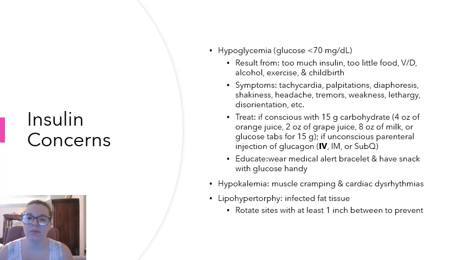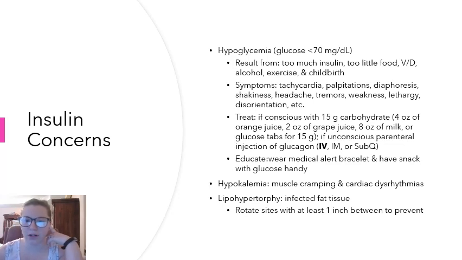Alcohol, exercise, and childbirth are stressors on the system, and so the insulin reaction to this can be overproduced, and so they can drop their blood sugar that way. So symptoms of hypoglycemia are going to be tachycardia, palpitations, diaphoresis, shakiness, headache, tremors, weakness, lethargy, and disorientation. So it's very stressful to their system.